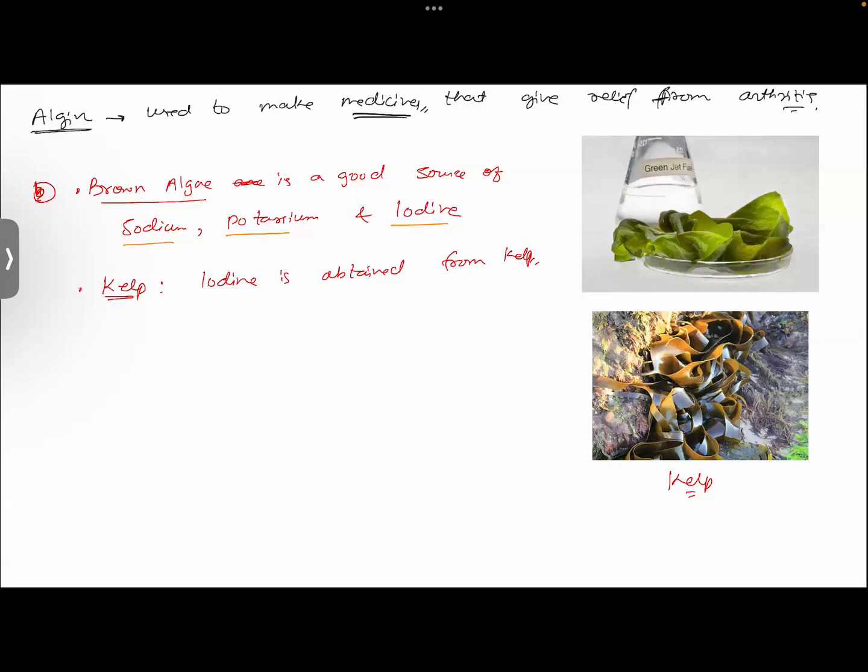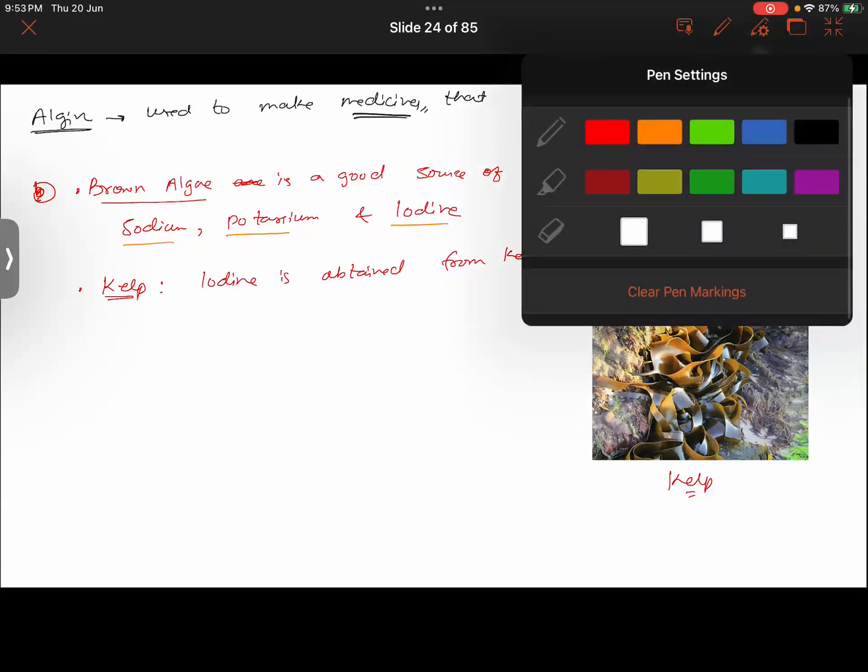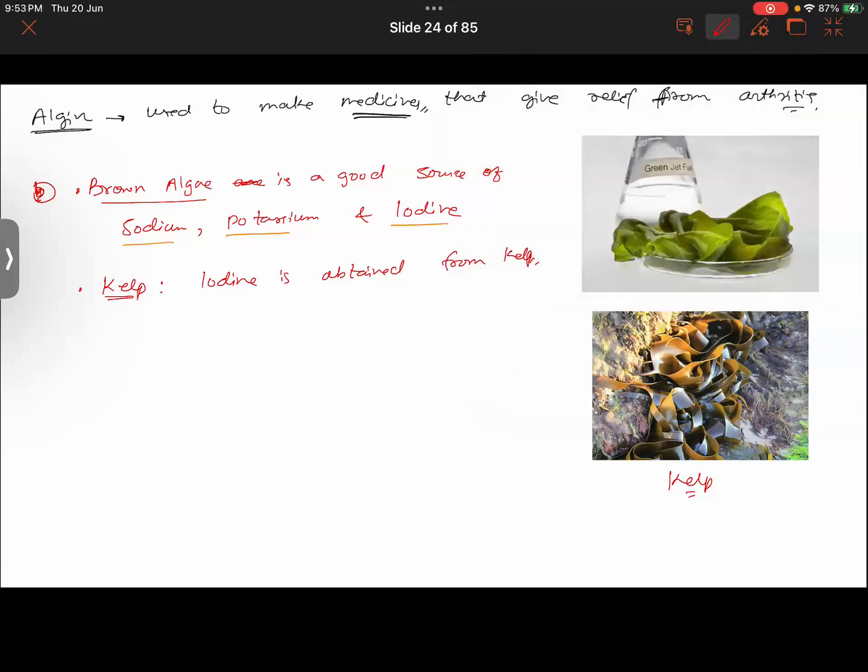No, sir. Arthritis is a condition where the patient suffers from pain in joints. Furthermore, brown alga is a good source of sodium, potassium, and iodine, and particularly kelp is a good source of iodine as well.